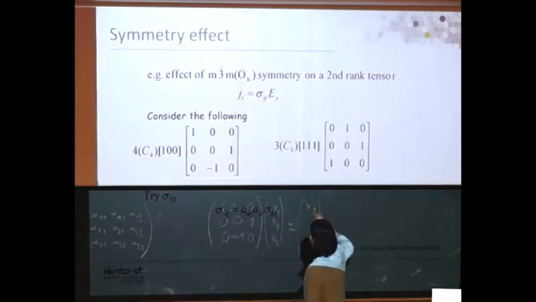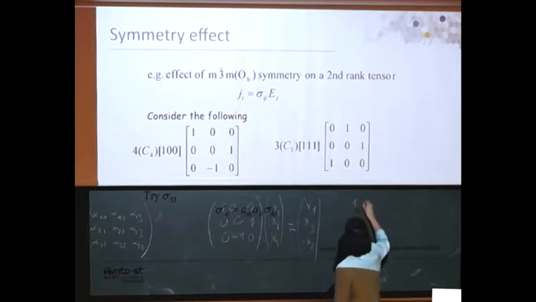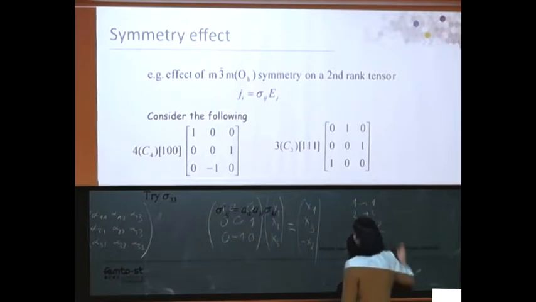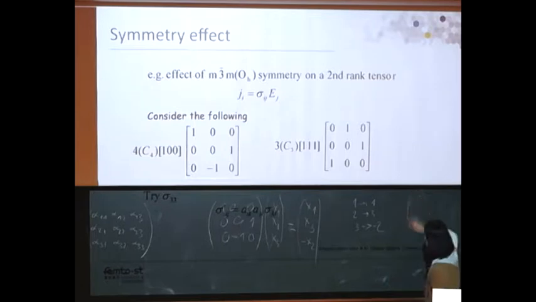So it will get x1, x3, and minus x2. So it means 1 goes to 1, 2 to 3, and 3 to minus 2. Okay. So it will get alpha 1, 1, alpha 1, 3, alpha minus 1, 2. Right?